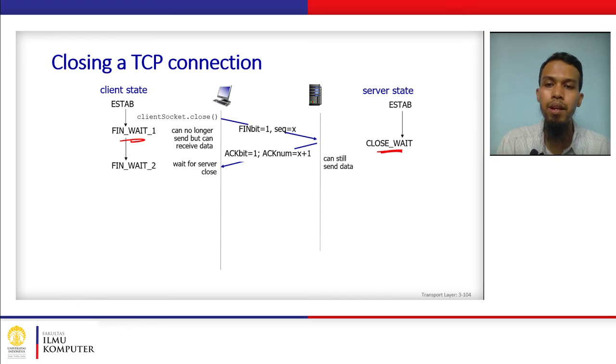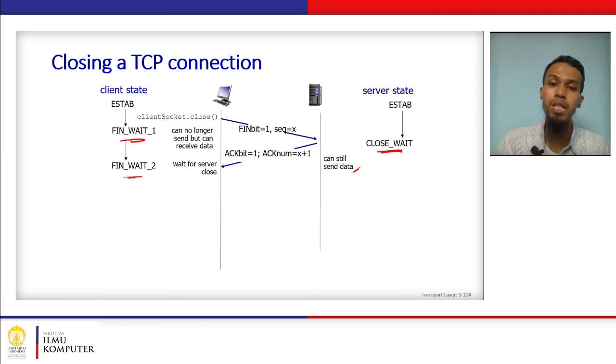After receiving the FIN message from the client and sending the acknowledgement, the server can still send data, because it is still not closing the connection with the client. Upon receiving this acknowledgement from the server, the client state, which was FIN wait 1, is now FIN wait 2, because it is still waiting for the server to close the connection.